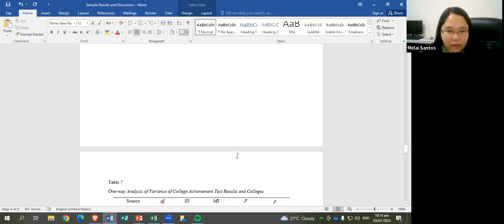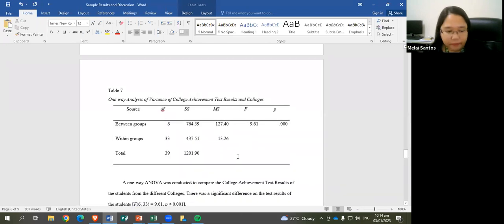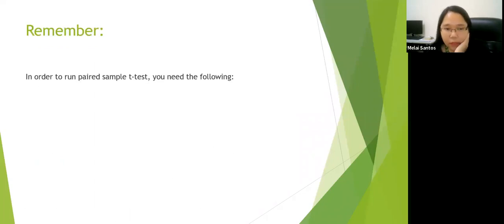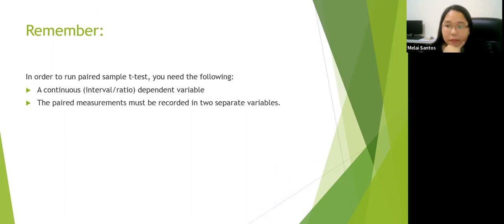Next. Now we'll go into ANOVA. So remember again, in order to run the paired samples t-test, what you need are the following. Continuous interval or ratio dependent variable, that is what we are testing. The paired measurements must be recorded in 2 separate variables. Again, you have 1 group, but this 1 group has 2 data sets.